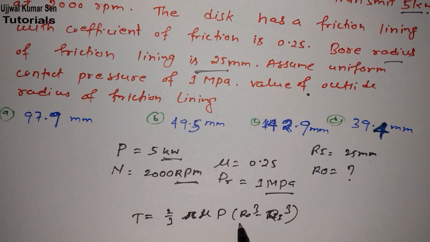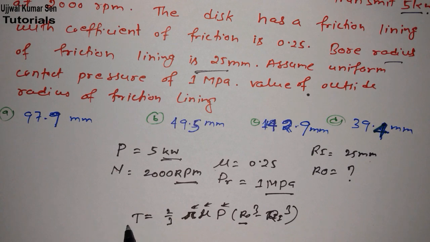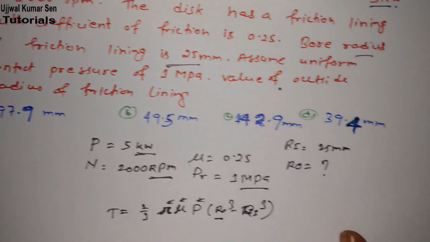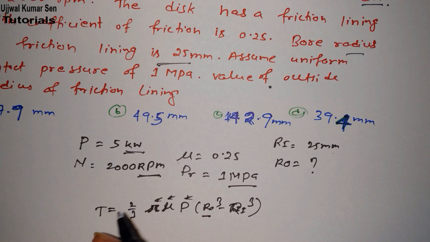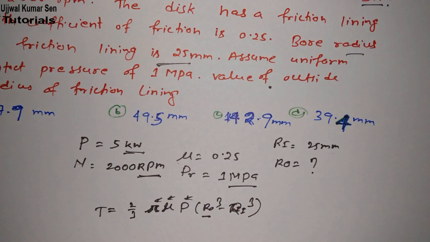Now we have to find r naught cube. We know pi, we know mu, we know p, that is pressure. We don't know T, but we have been given these two values. Can you understand the relation they are making? If you are preparing for GATE, you need to understand the relations between formulas. Once you understand them, things become quite easier.